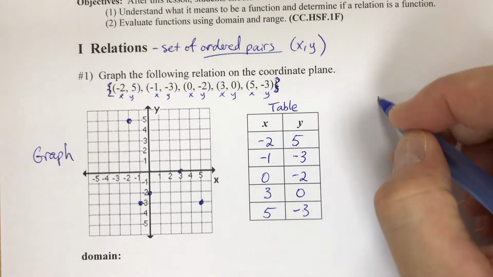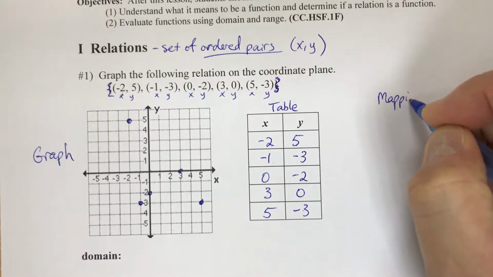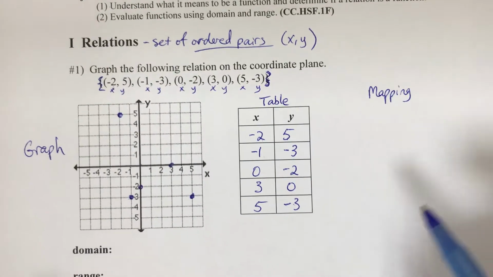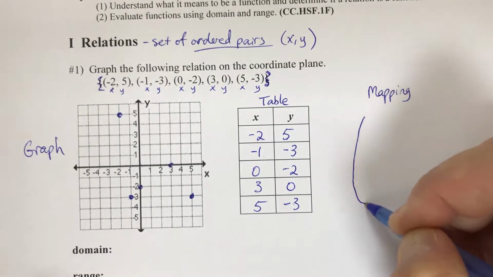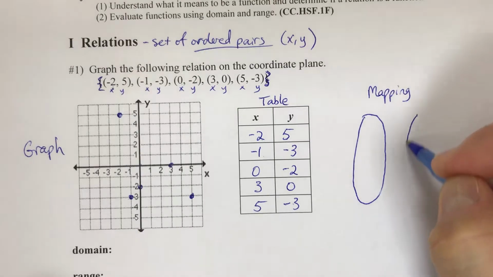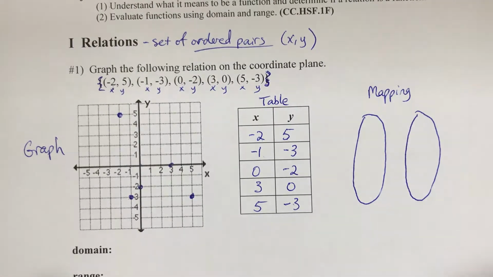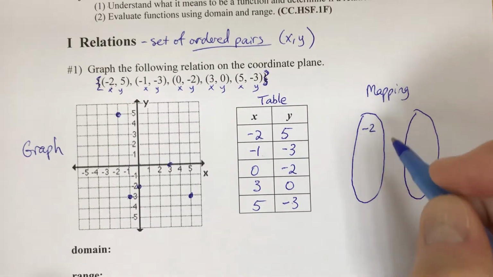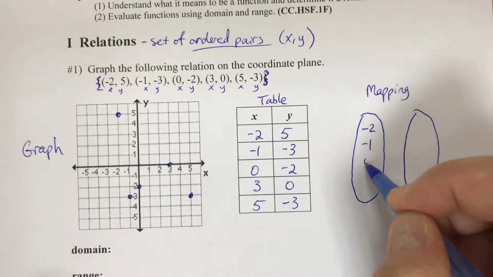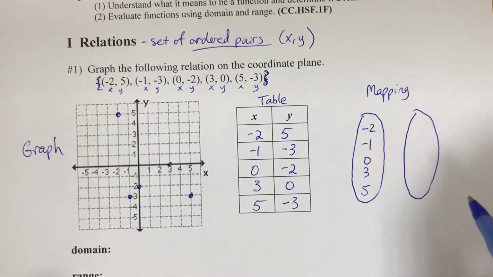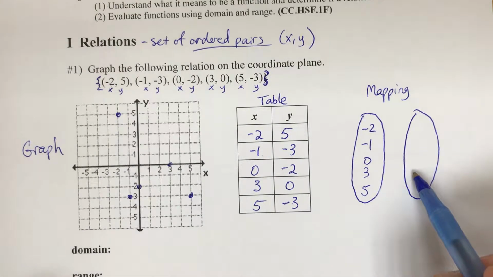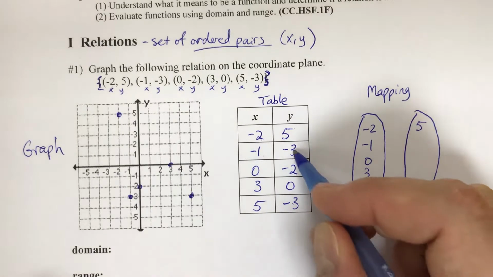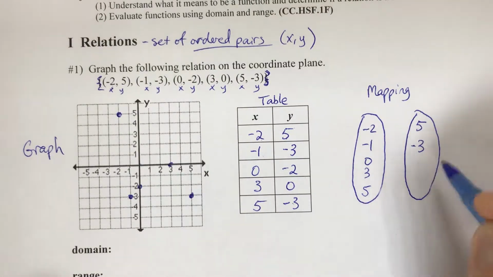Another way to look at a relation, not as common, is what we call a mapping. A mapping is similar to a table. There's two ovals, and we write all the x's in the first one: negative 2, negative 1, 0, 3, 5. For the y values in the right oval, here's 5. Now you'll notice there's two negative 3's.